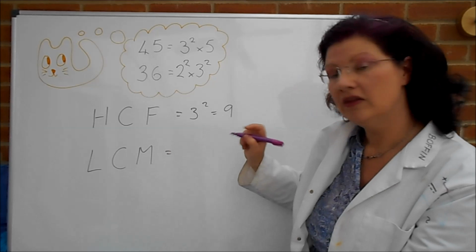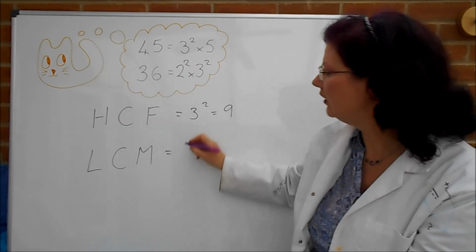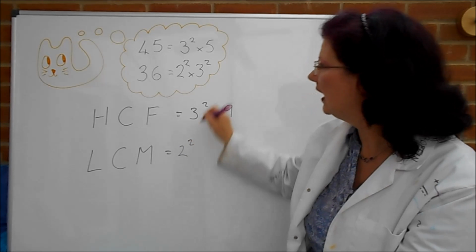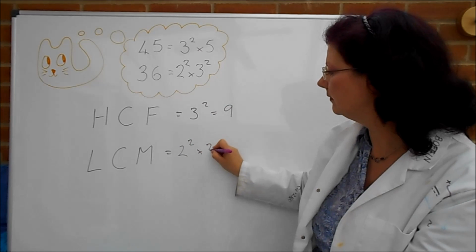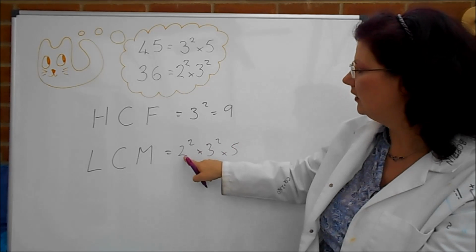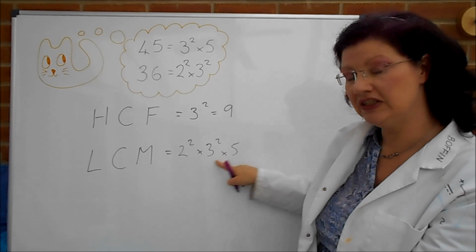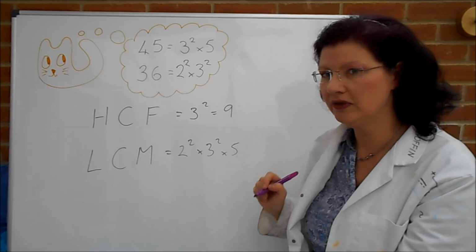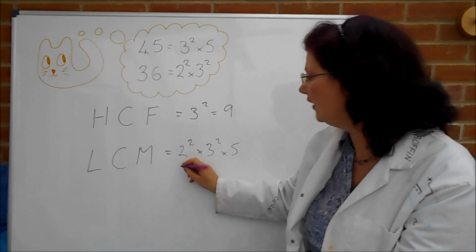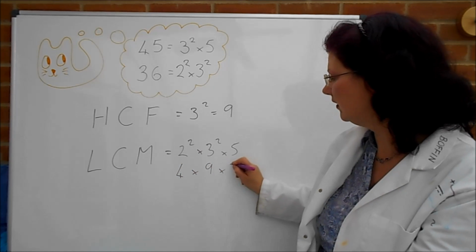So, to make the lowest common multiple, or the least common multiple, we need to have a 2 squared, and we need to have a 3 squared, and we're going to need to have a 5 as well. That bit is in the 36, and that bit is in the 45, so that will be a multiple of 36 and 45.